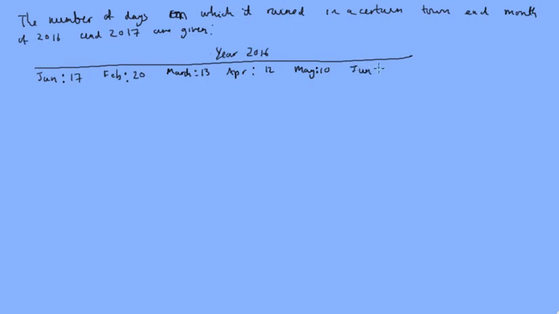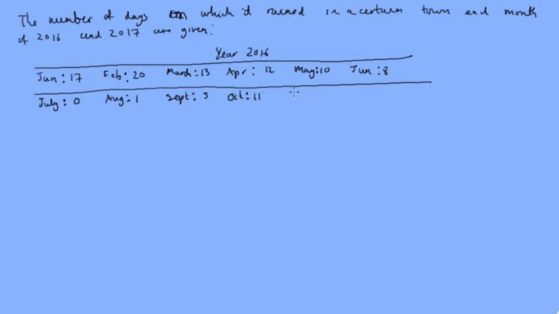June, 8. July, 0 days. August, 1 day. September, 5. October, 11. November, 16. And December, 9.